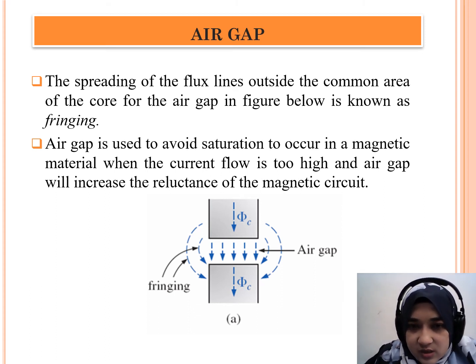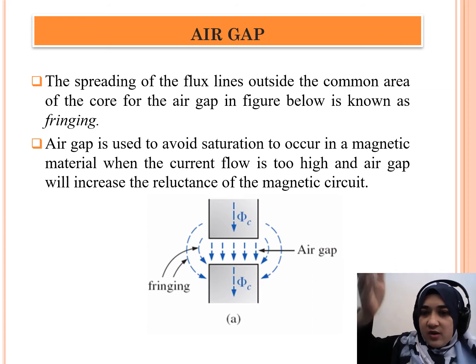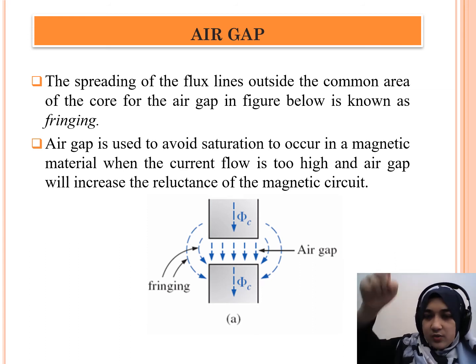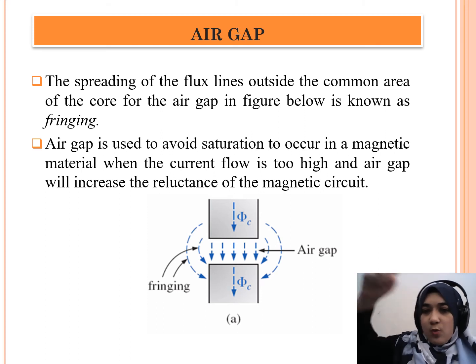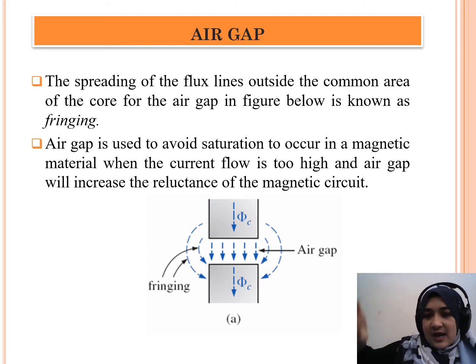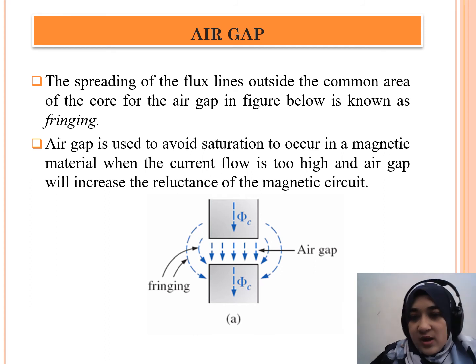Okay, now you see this one, we have a phi C here with two sides, right? Then we will have arrows in the middle. When the arrow is going downward, that's the common area, so that's the normal path we call the air gap. But when it goes outside, that one is not normal.